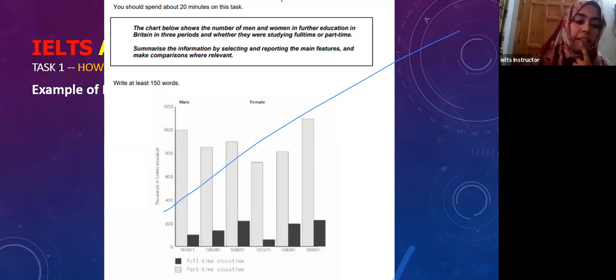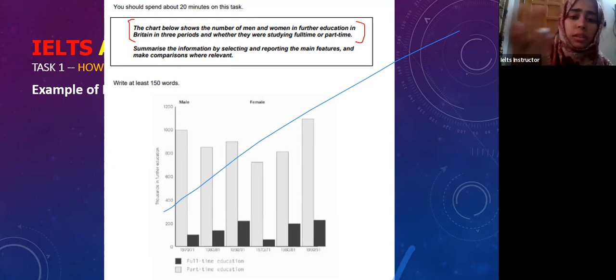Now this is your task. I'll just give you an overview of what is happening here. First of all, for the introduction you just need to rephrase this part. They have told you what the chart is about, but you also have to tell the reader what you are writing about.